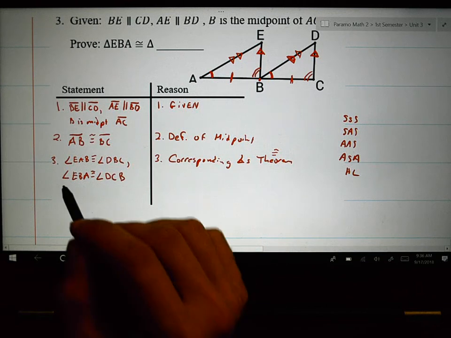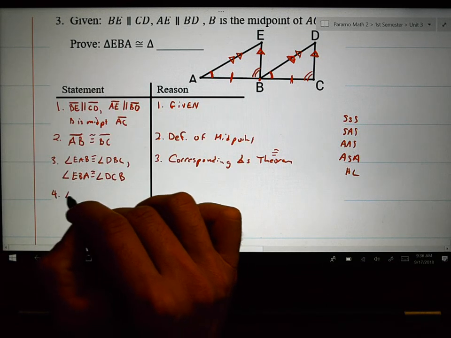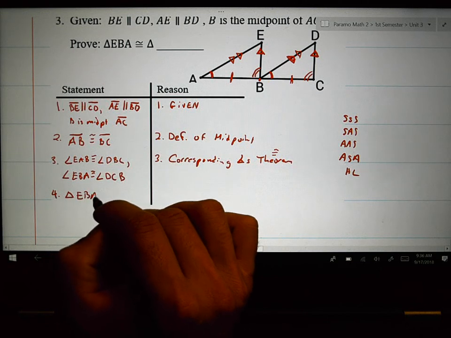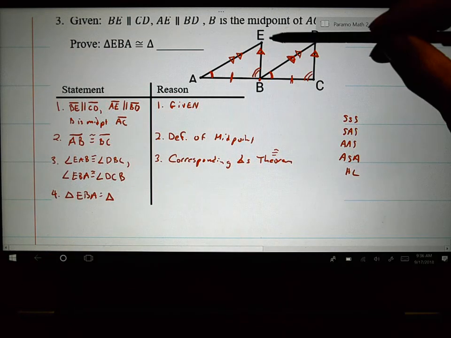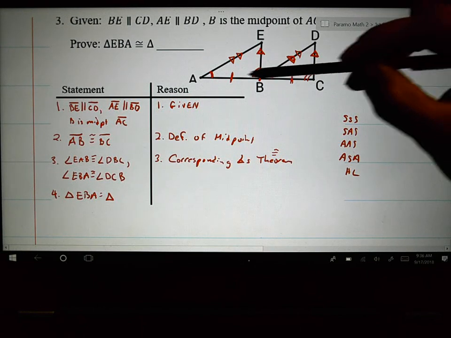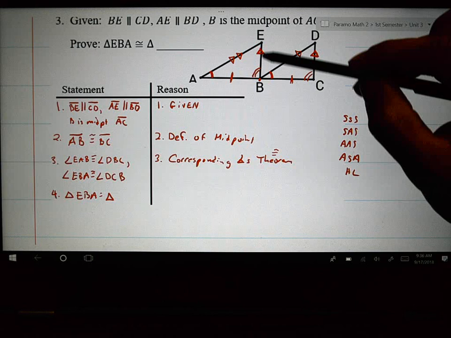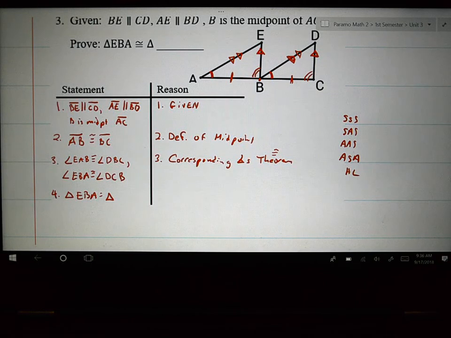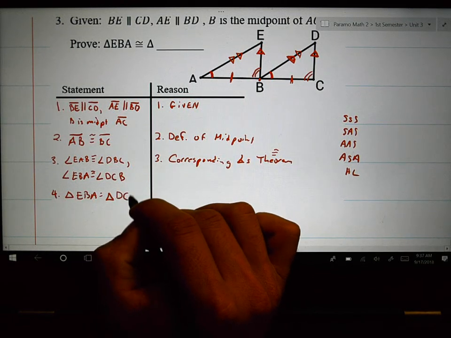And now you have enough information to prove that triangle EBA is congruent to another triangle. It goes E, then B, then A. And in order to make it match E, then B, then A, we have to make sure that we match with the other triangle that is in matching order. The triangle must be triangle DCB.